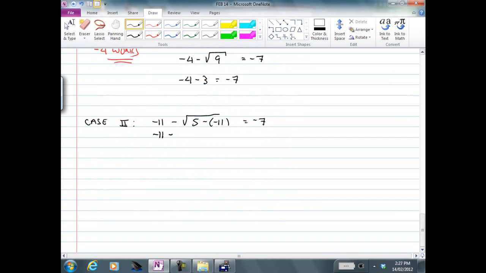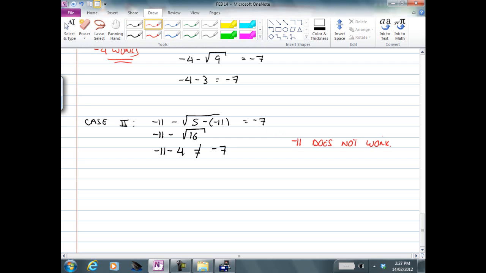Negative 11 minus 4. Hey, if I do this, look what happens. It doesn't equal negative 7. So we're going to write a few things down. Negative 11 does not work. Even though we found an answer, it still doesn't work when you sub it in.